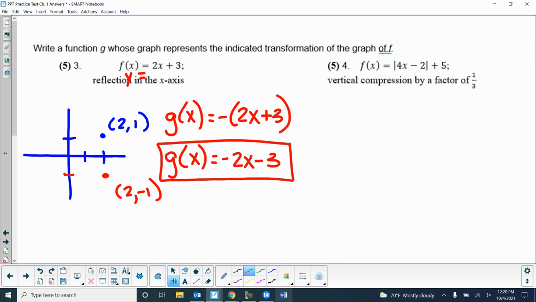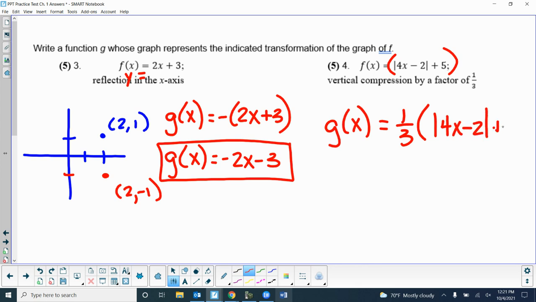Okay. Number 4, vertical compression. All right, so again, vertical. We're changing the y. So we're changing this whole thing by a factor of a third. Okay? So now, am I allowed to distribute the 1/3 into the absolute value?